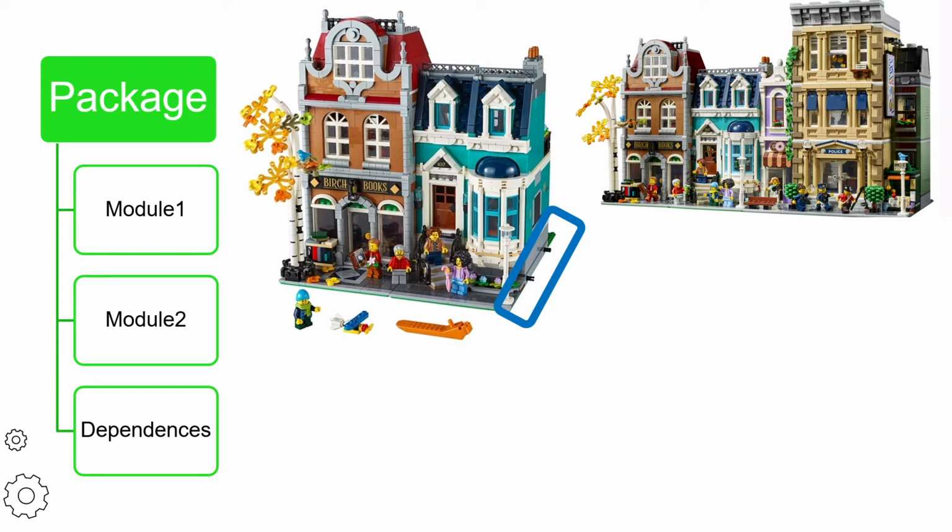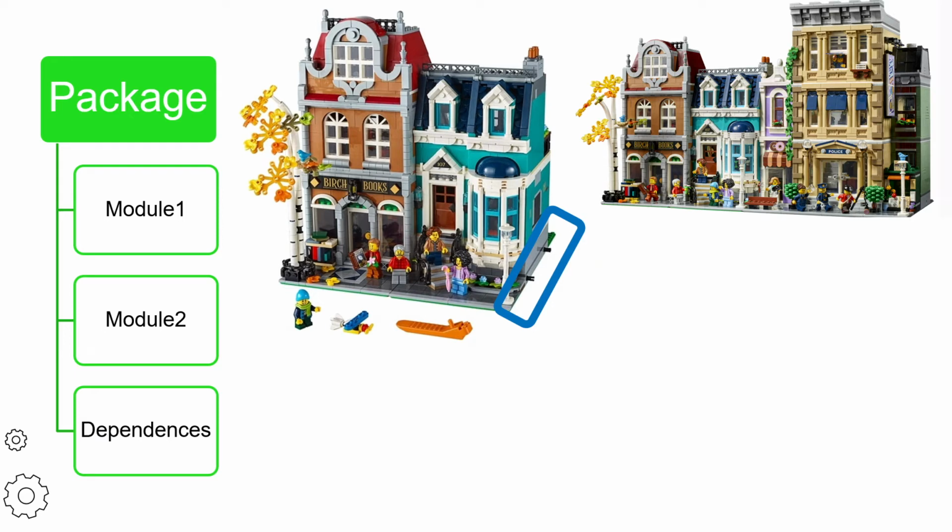So you pack all those things together and you create a package. A package is made of multiple modules, and those modules might share some dependencies, so you might have separate information about the dependencies.